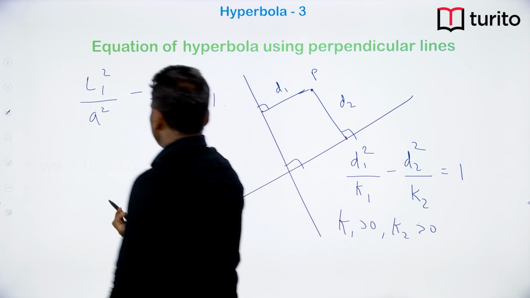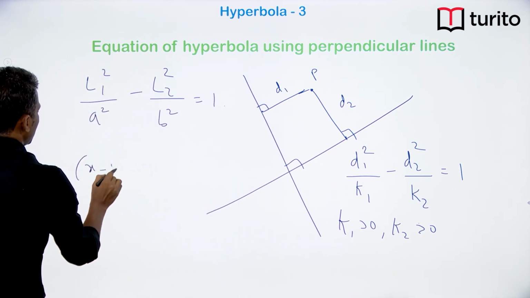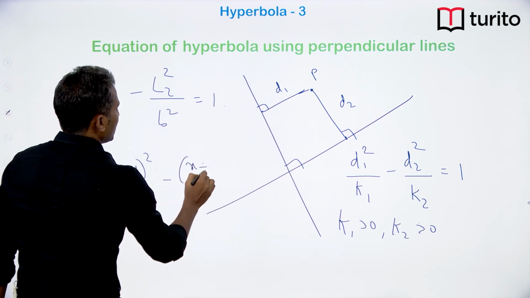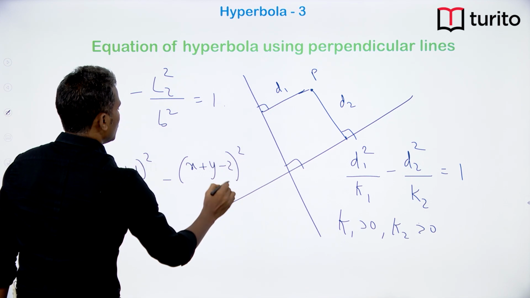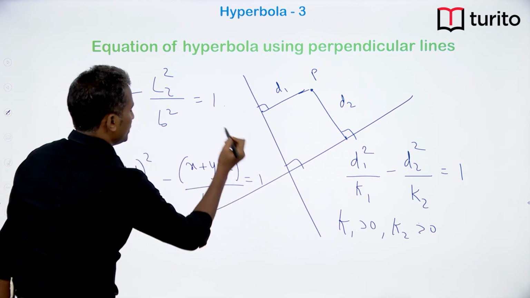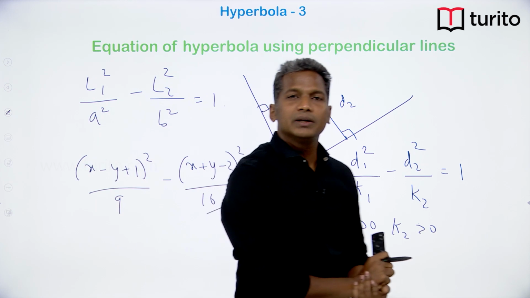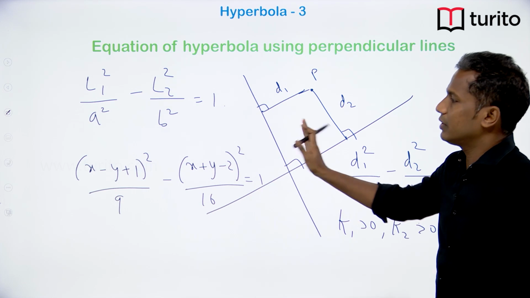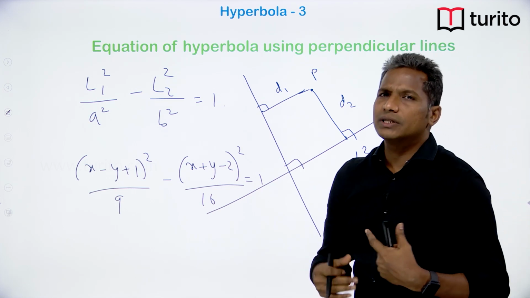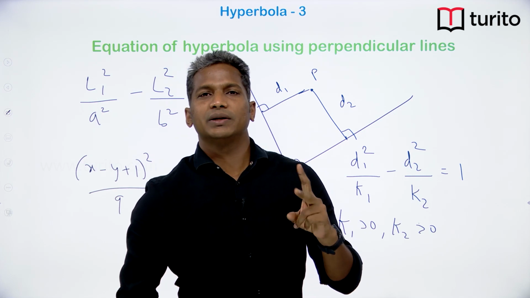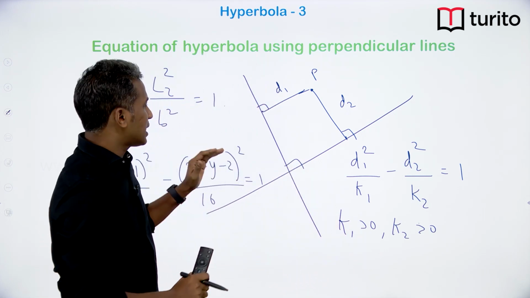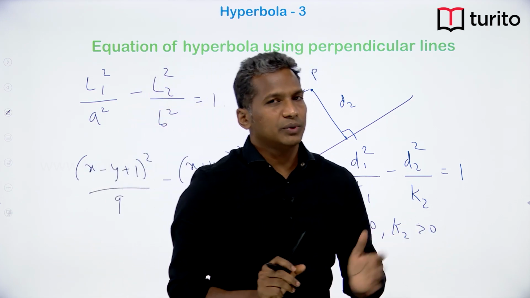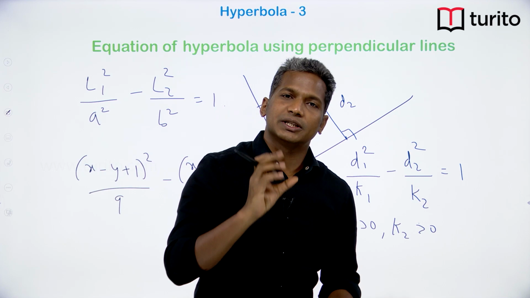For example, x minus y plus 1 whole square by 9 minus x plus y minus 2 whole square by 16 equal to 1. What is this equation going to be? Of course, it is going to be a hyperbola. This way we can derive equations of hyperbola using two perpendicular lines, taken as transverse and conjugate axis. With this we completed all forms of hyperbola, and now we will study asymptotes in more depth.